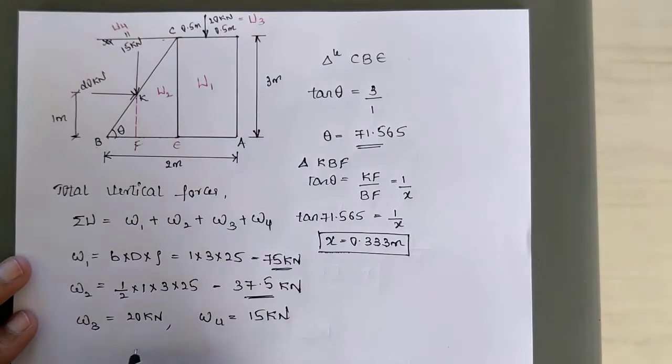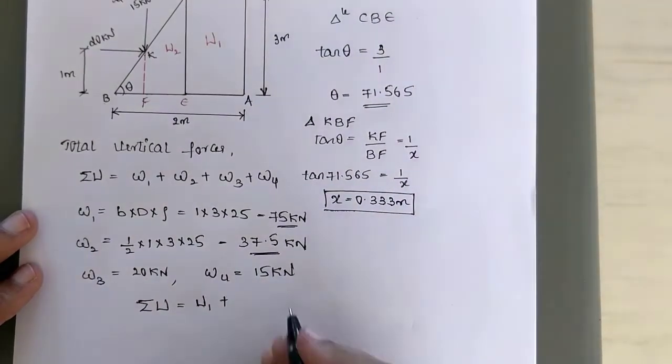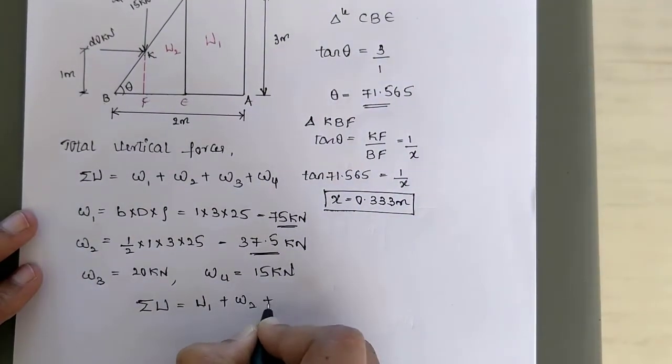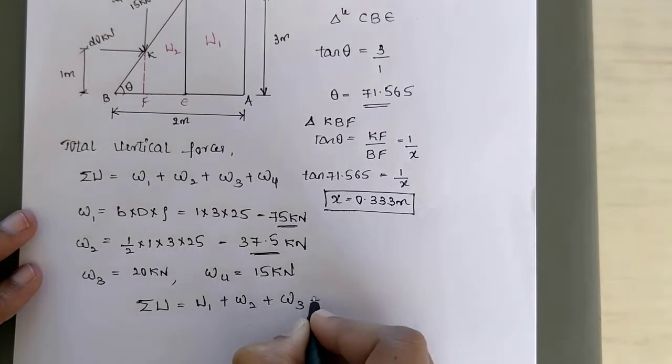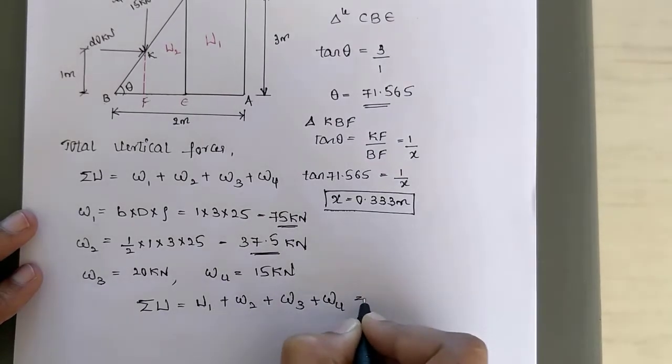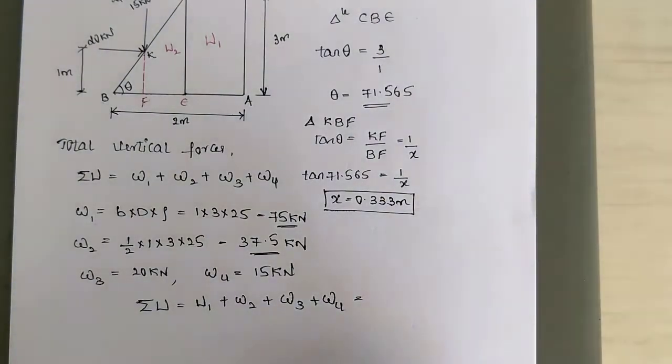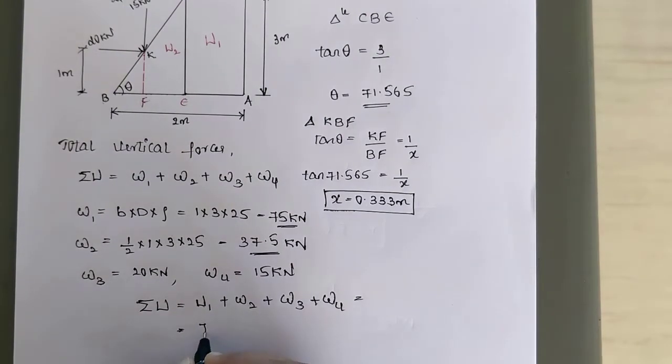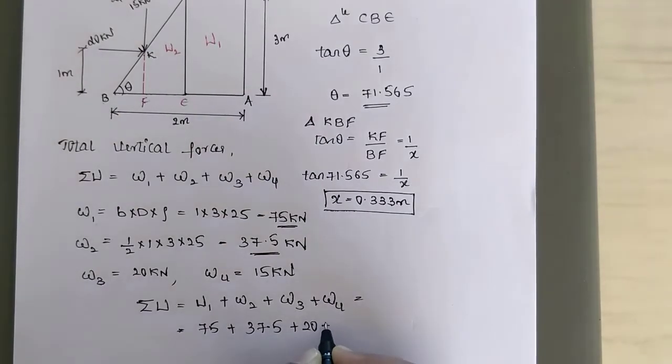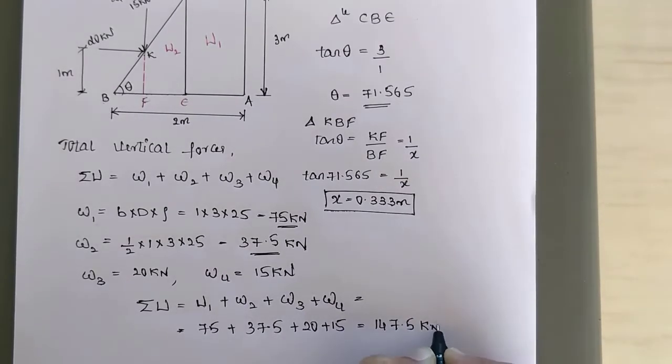Then calculate summation W, that is W1 plus W2 plus W3 plus W4. Substituting, 75 plus 37.5 plus 20 plus 15, you will get summation W as 147.5 kilonewton.